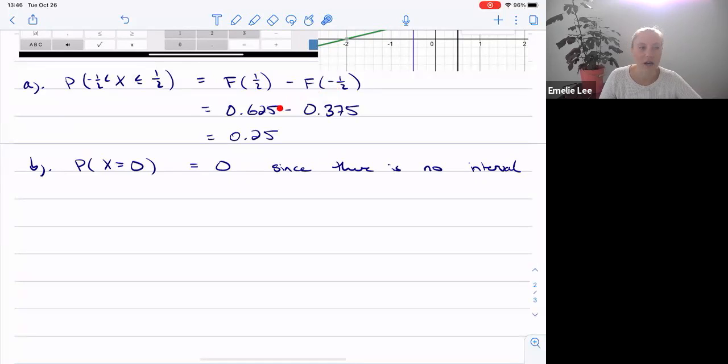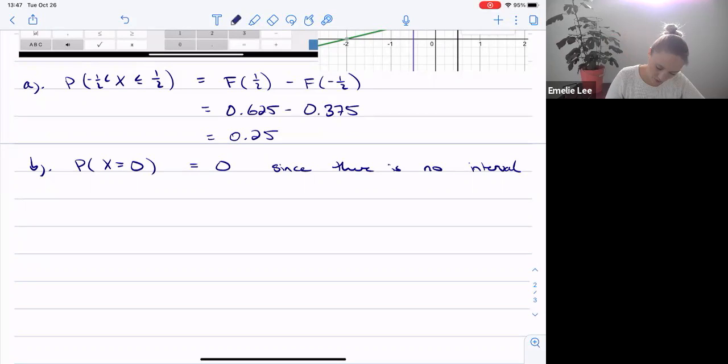Something minus something is 0. Because there's no interval on this continuous scale of (x+2)/4, it becomes 0, and that's just a rule for any probability. It gets tricky because later we'll see that in the transition we'll be able to find probabilities. It's kind of weird.